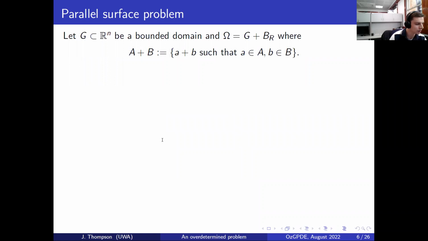So, what is the generalization that we consider? We call it the parallel surface problem. This is the setup. We have G, which is a bounded domain, and we take omega to be G plus B_R, the Minkowski sum of G and a ball of radius R. The Minkowski sum of two sets is defined in this way.